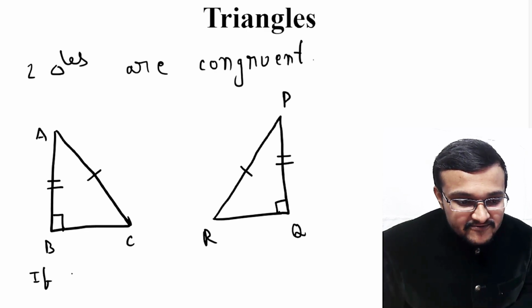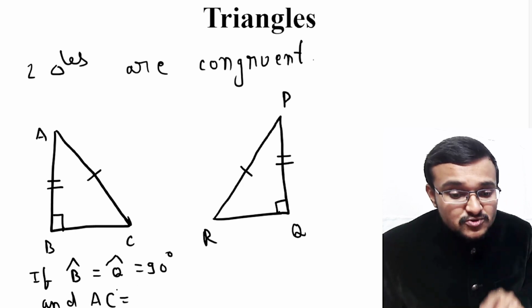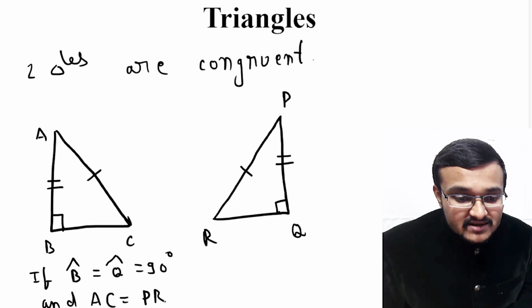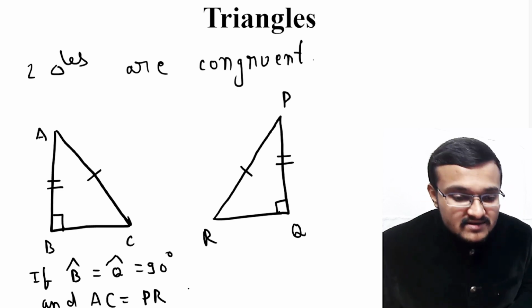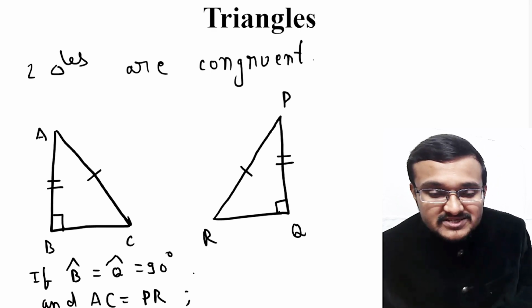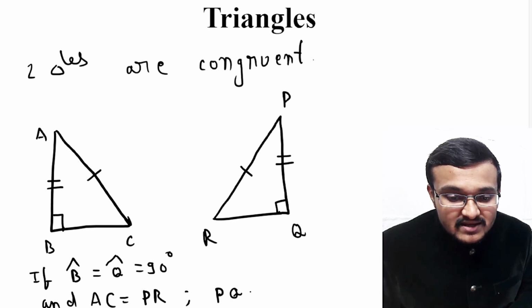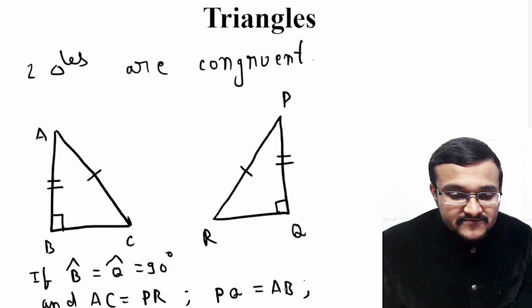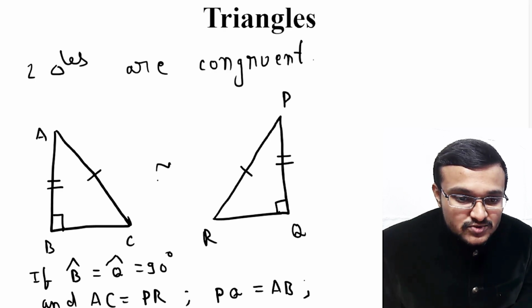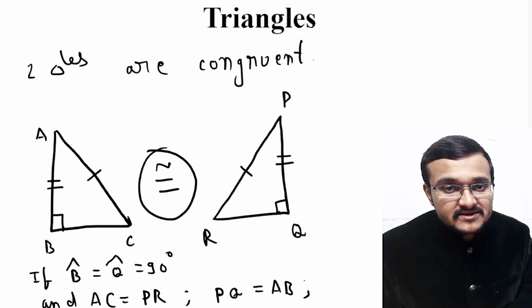That means if angle B is equal to angle Q is equal to 90 degrees, and the hypotenuse AC, you should consider hypotenuse only, is equal to PR, and any one of the sides apart from the hypotenuse is equal to the corresponding side of the other right angle triangle, here PQ is equal to AB, then these two triangles will be congruent with each other. That is what this particular RHS theorem states.